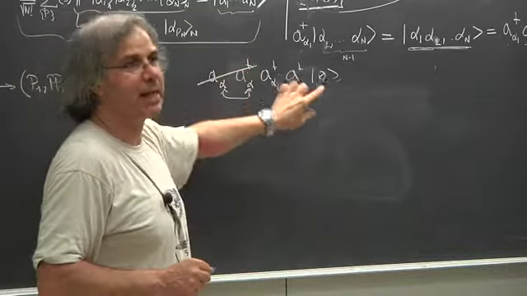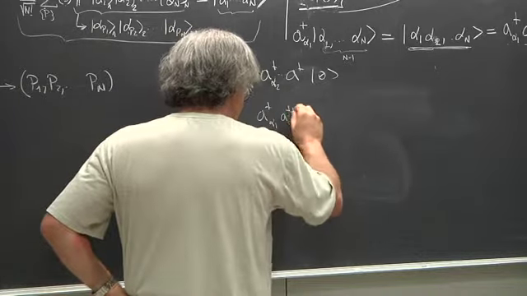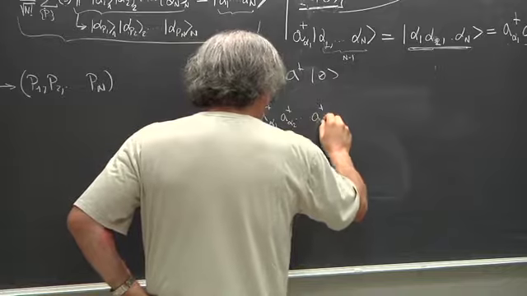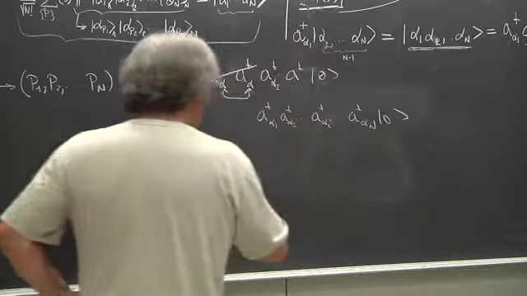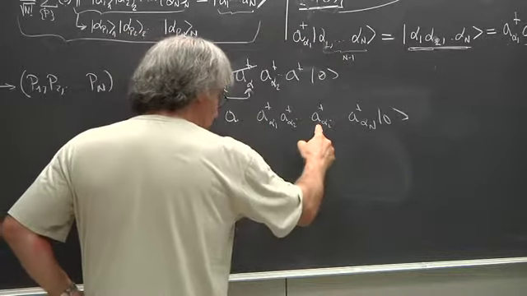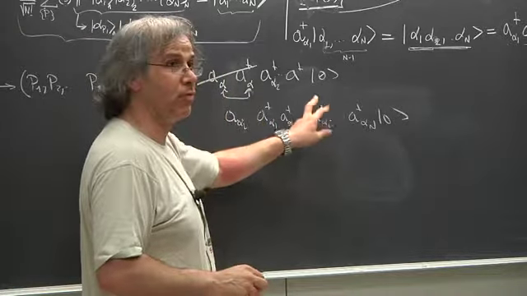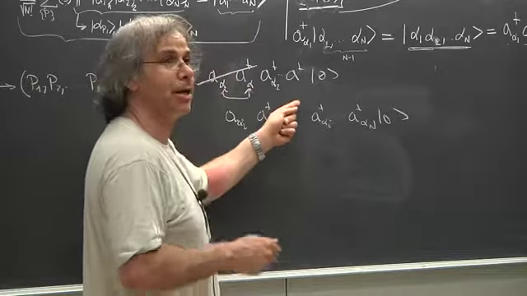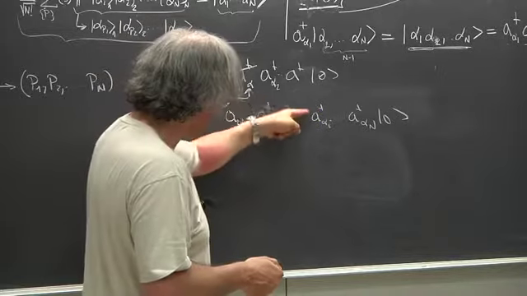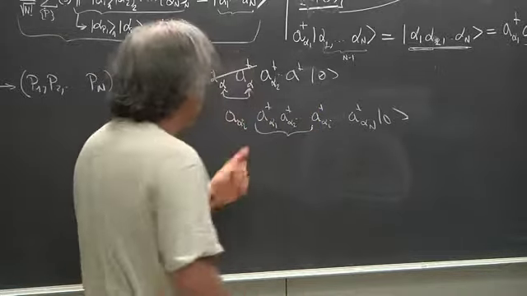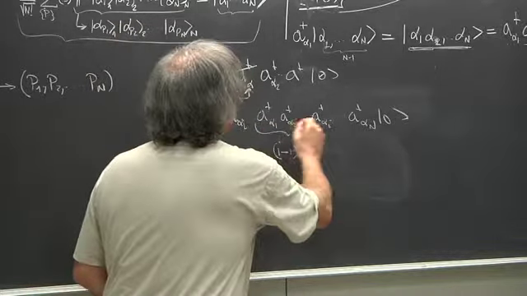If it is a brick inside, we discussed that if I have A dagger alpha 1, A dagger alpha 2, A dagger alpha I, A dagger alpha n, and I want to destroy the brick alpha I, then before removing the brick, I have to bring the destruction object there, which requires anti-commuting this object with I minus 1 A daggers.